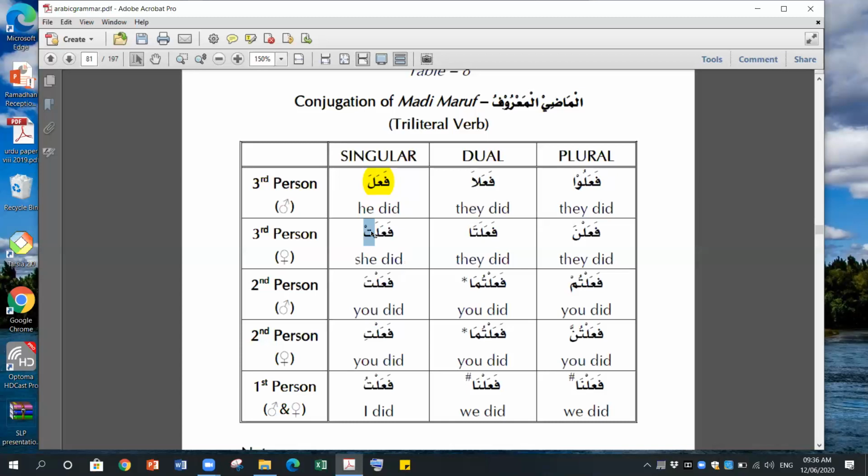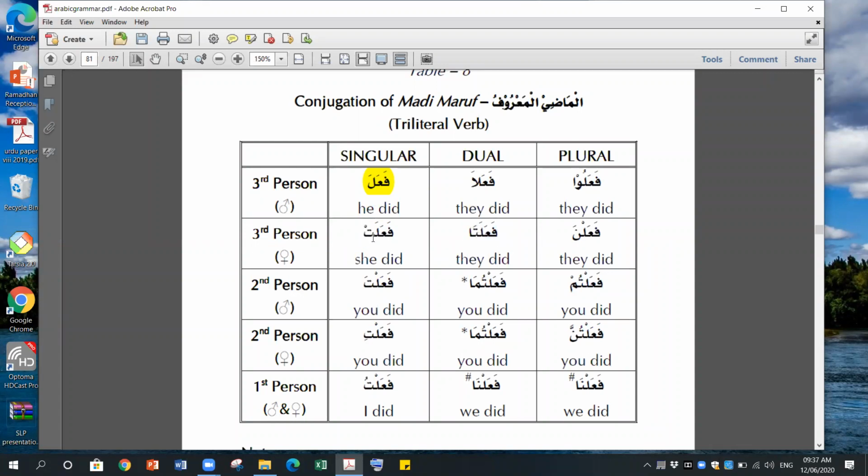Fa'alat. So katabat, sharibat, sami'at. These all mean she did, she heard, she drank, she wrote. So this ta in the end is a symbol of she, singular.